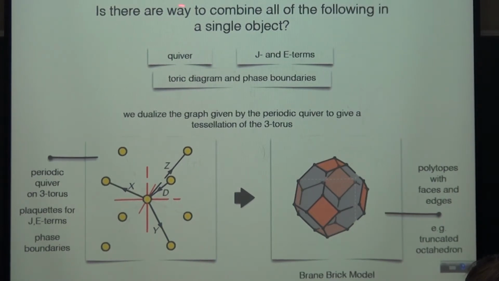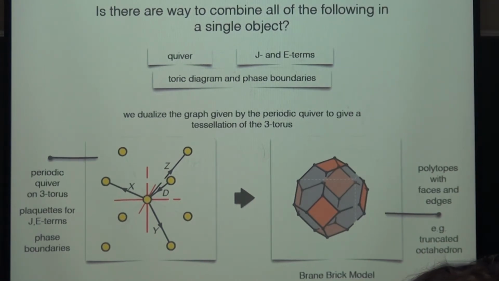And all these separate data points can be merged into a single graph, which we call the Brane Brick model. A Brane Brick model, we propose, is an object that uniquely defines the 2D (0,2) theory, and it's a tessellation of a three-torus, and you can simply think of it as the dual graph of the periodic graph on the torus I was talking about earlier.